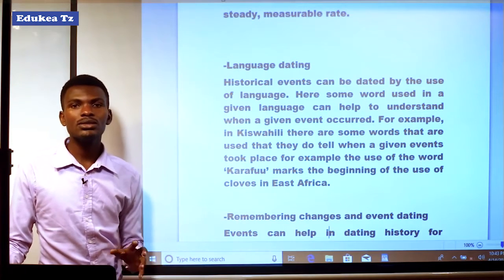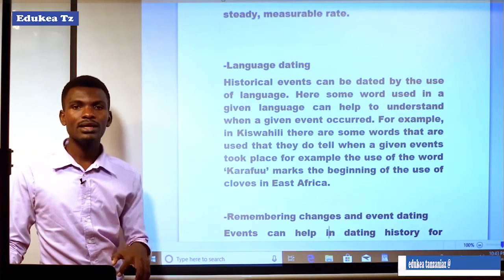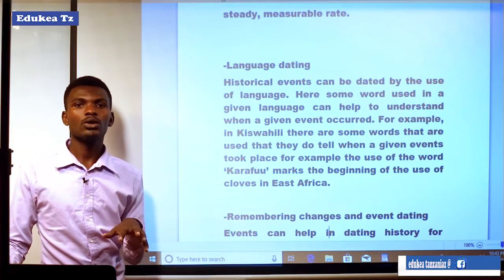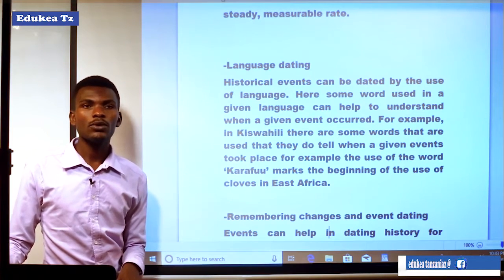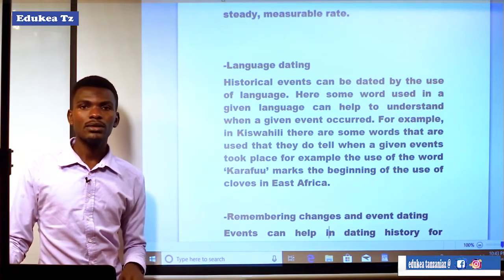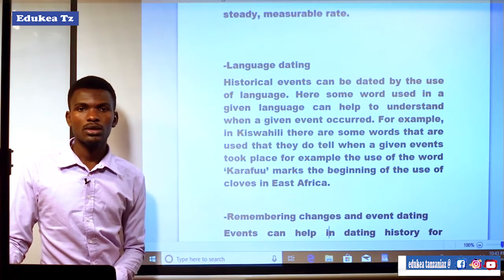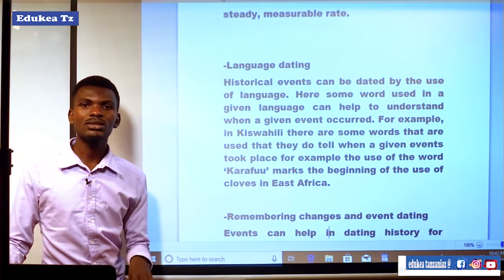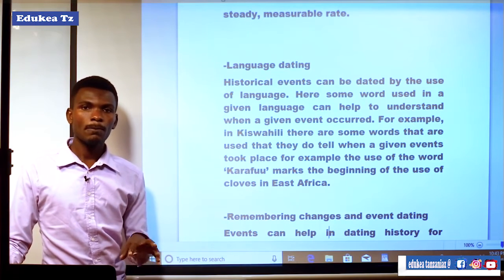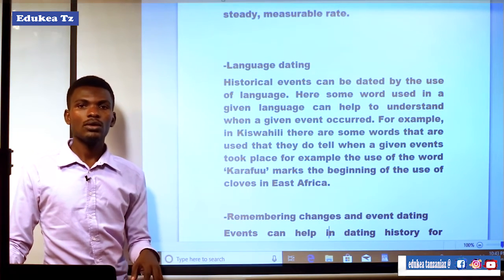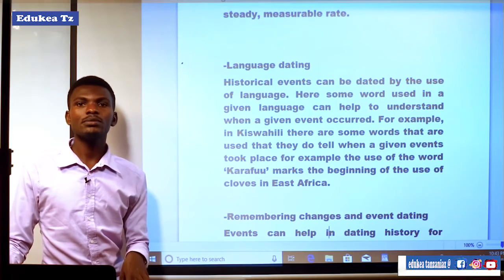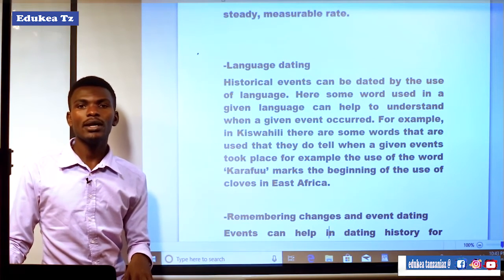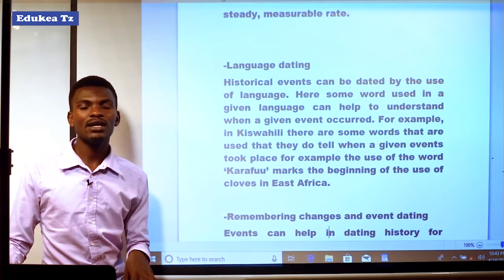So we may use words that mark the period when they occurred. For example, the term dog. Dog was the animal that was mostly domesticated, or kept by man, in early civilization.